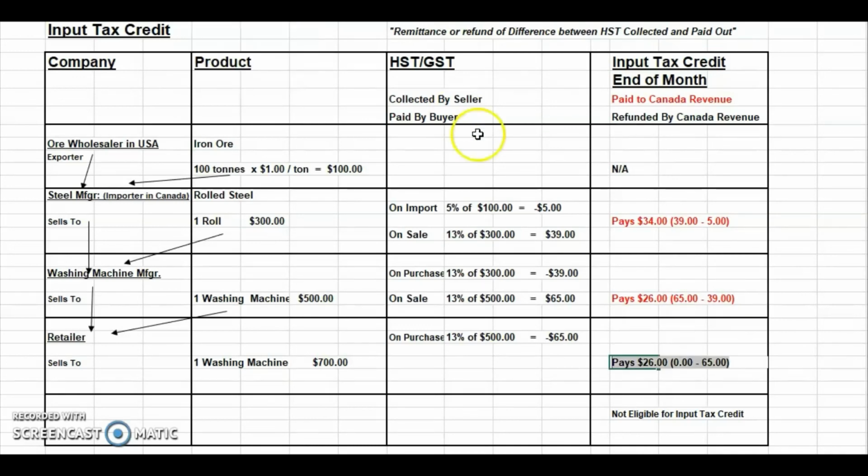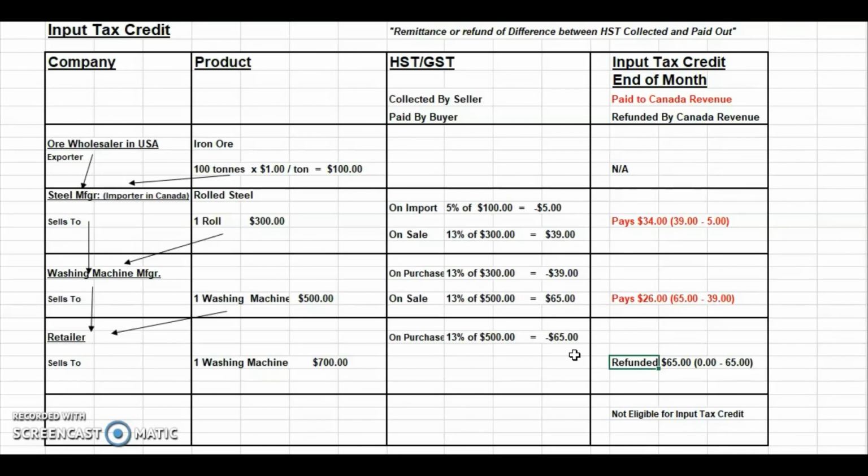This now turns to black because they are refunded $65, because they collected no HST but they paid out $65 HST. So the government sends them a check for $65, because at the end of the month they have to be net 0.